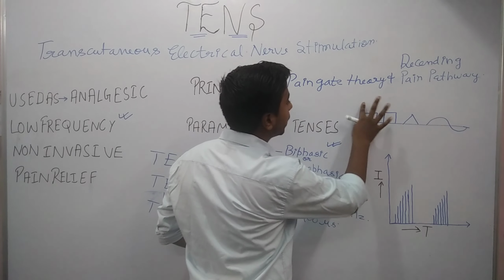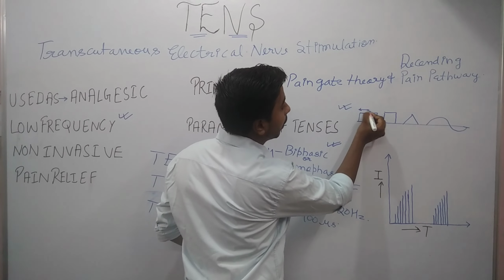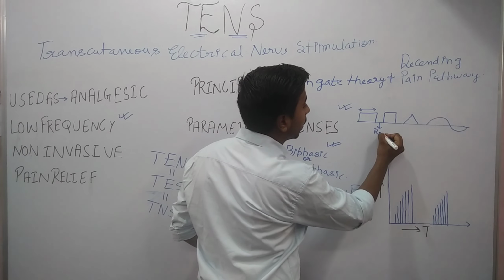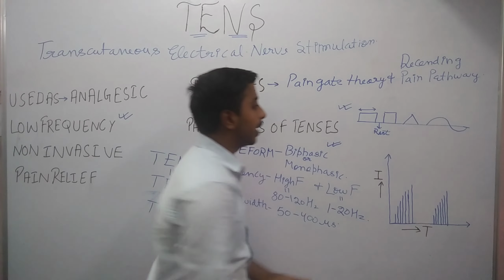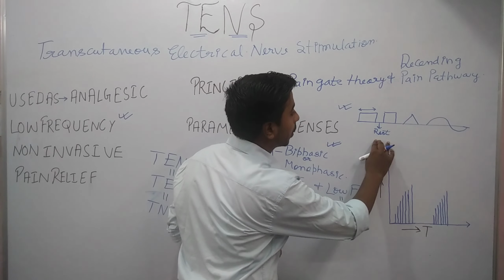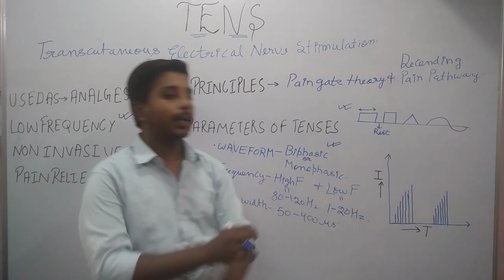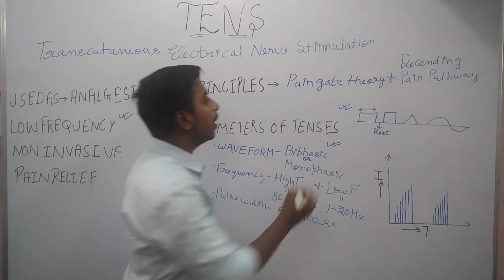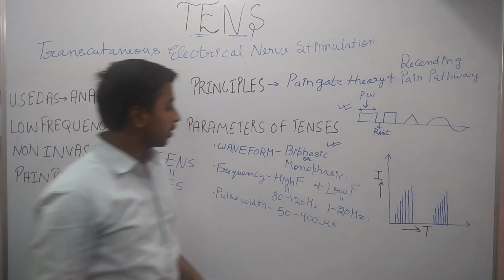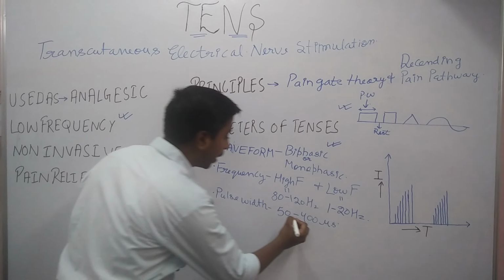For example, in this diagram, you can see that from here to here the pulse is applied, and then there is a resting period when no current is going. So current is coming, not coming, coming, not coming. The time for which the current is coming is called the pulse width.